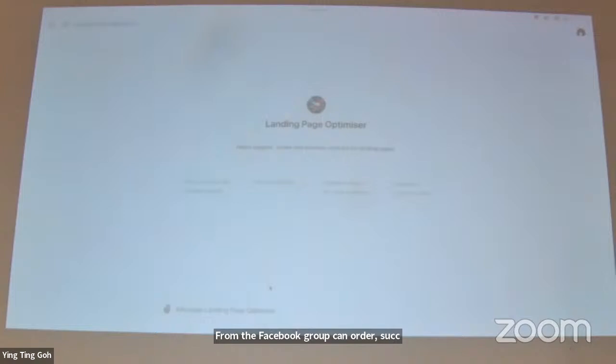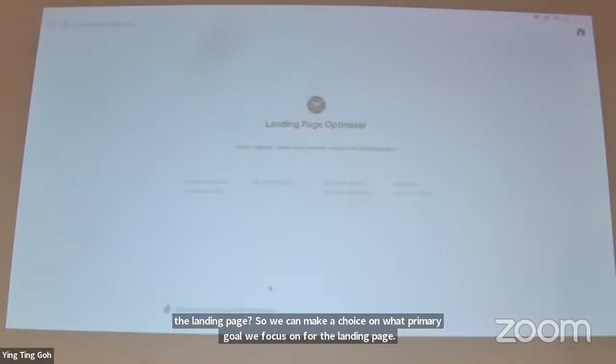And we're not quite sure of the mechanics of how the order should take place on the landing page. But before you go into creating sections for the landing page, can you go over the important considerations for the audience and how they relate to the landing page so we can make a choice on what primary goal to focus on for the landing page? So give me a minute and I will refresh.